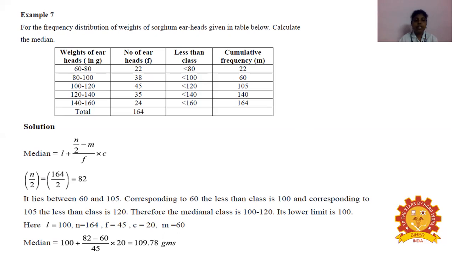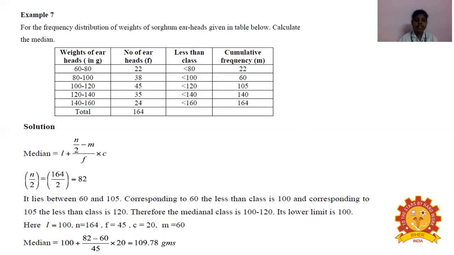So 82 lies between 60 and 105 in the cumulative frequency column. Corresponding to 60, the less than class is 100, and corresponding to 105, the less than class is 120. Therefore, the median class is 100 to 120.